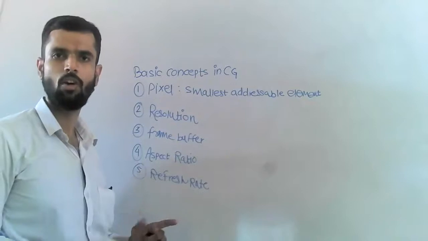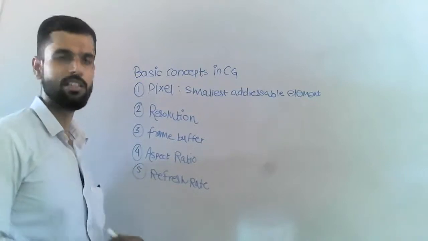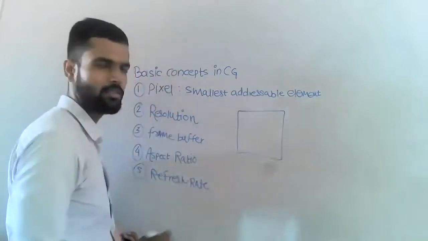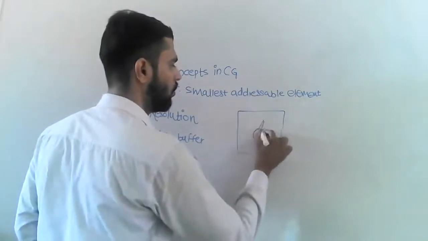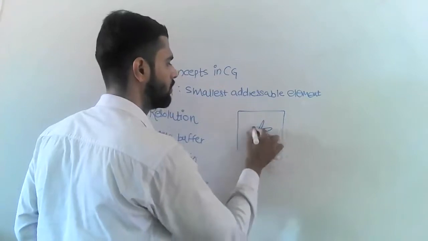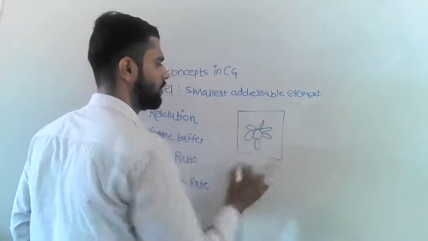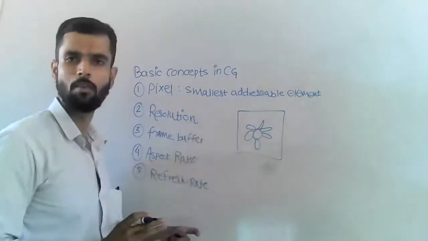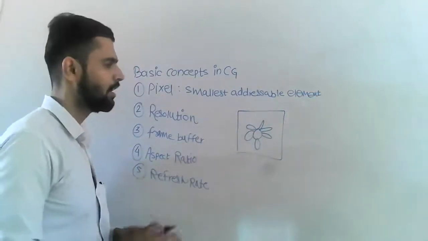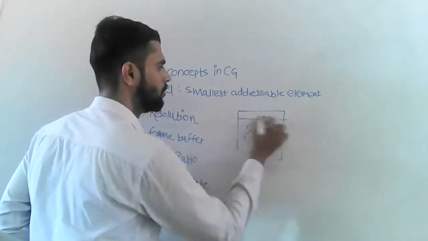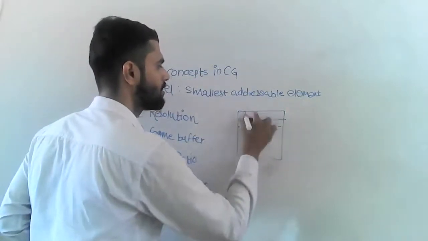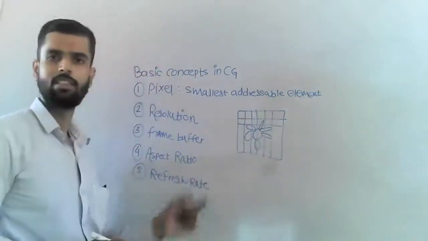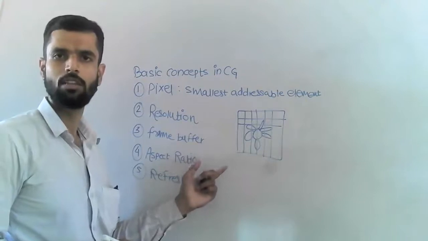If you want to see the pixels of that picture, just zoom in. You will see small block-like structures.